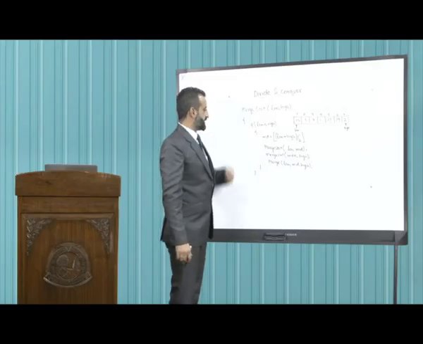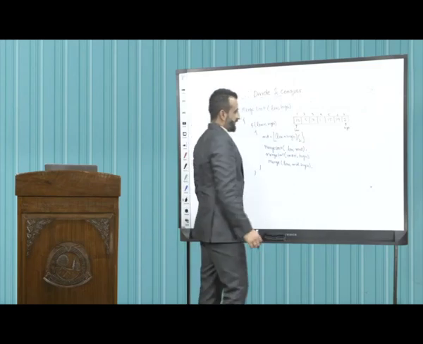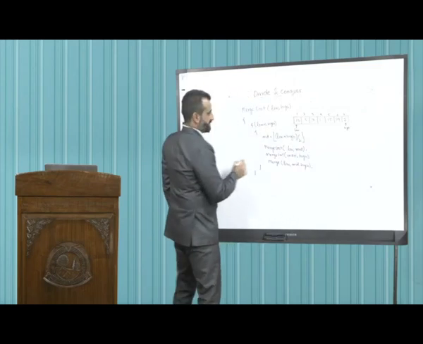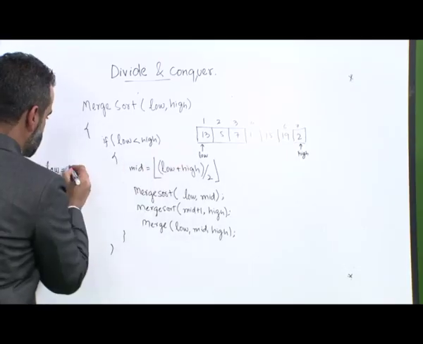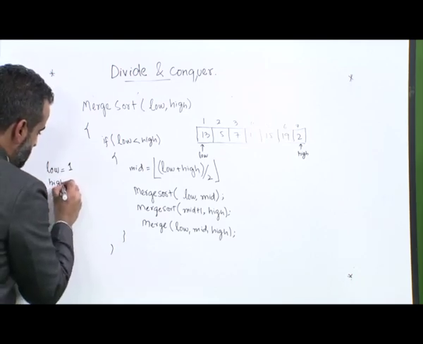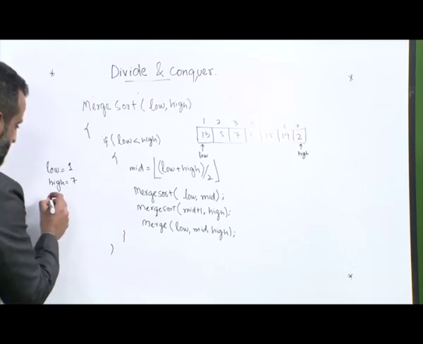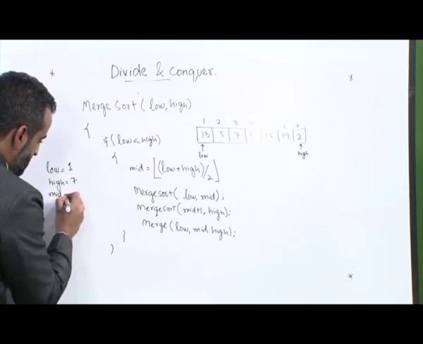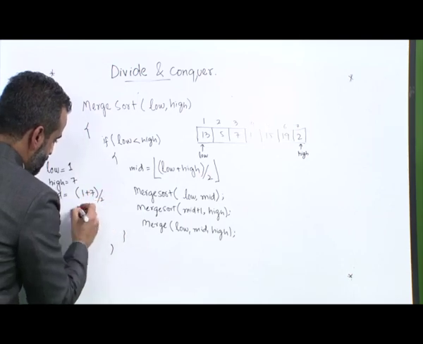Let's try to understand how this algorithm works. Now if this is the problem, what is the value here for low? I'll just keep track of index values here. My low is pointing to a 1. My high in this case is pointing to a 7. And if I compute a mid value, that in this case will be 1 plus 7 divided by 2, which is a 4.